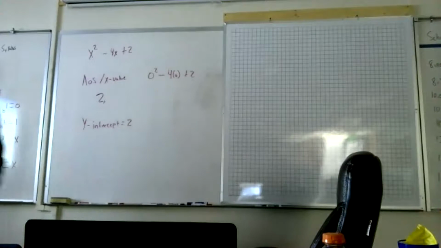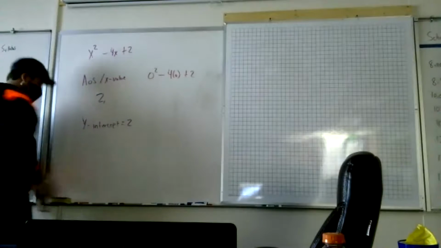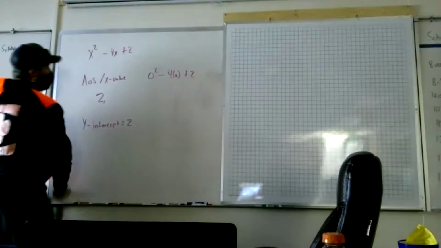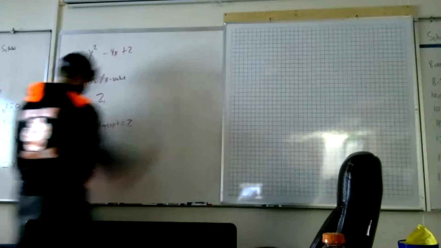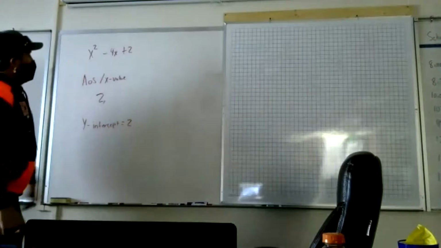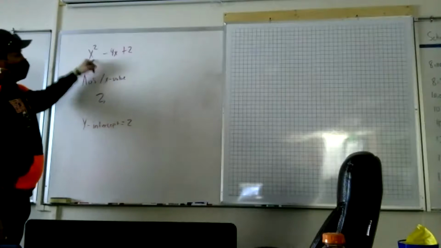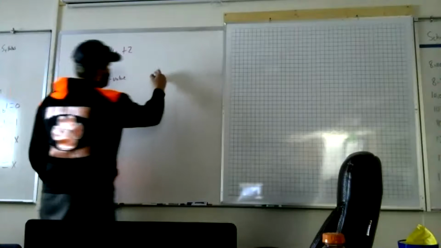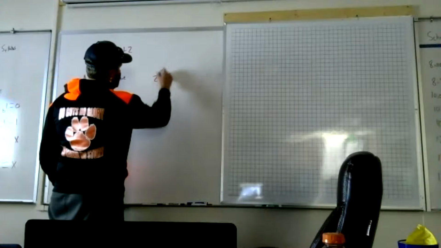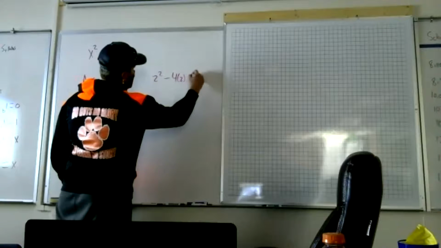The x-coordinate of the vertex. So we've done all that. The last thing that I'm going to do is find the y value of the vertex. I should have done that before I did the y-intercept. That's okay. Just plug the x value of the vertex into the equation. So 2 squared minus 4 times 2 plus 2.